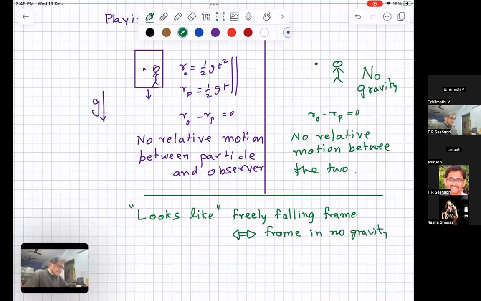That is, it says that if suppose I have a lift and everything is closed and the person cannot see what is outside the lift and the lift is freely falling, this person cannot do an experiment with mechanics and find out whether the whole lift is falling under gravity or they are actually sitting in a gravity-free environment. Clear? Okay.